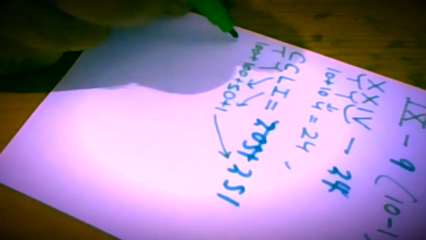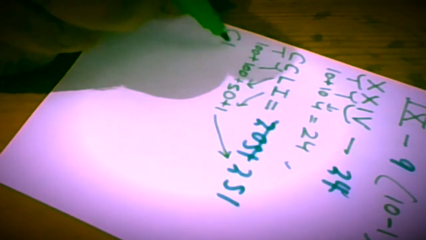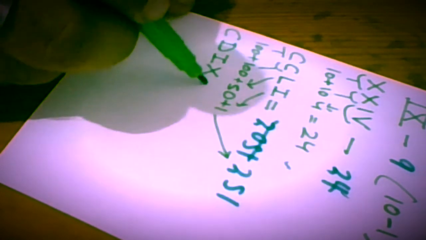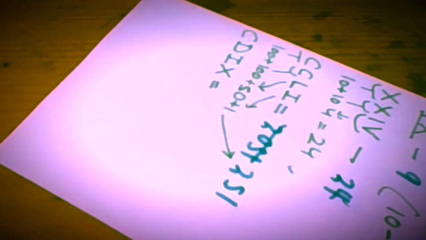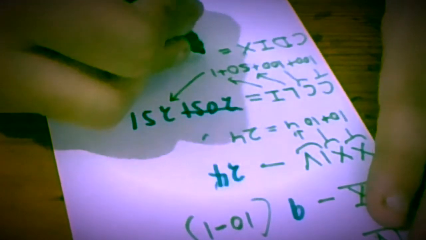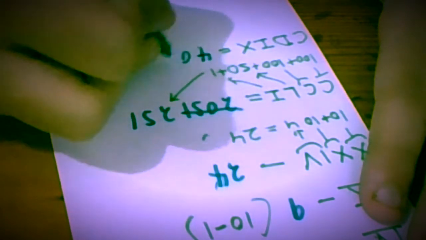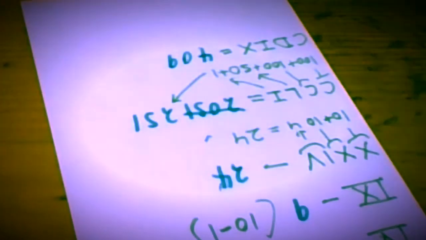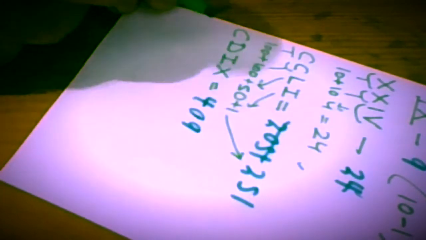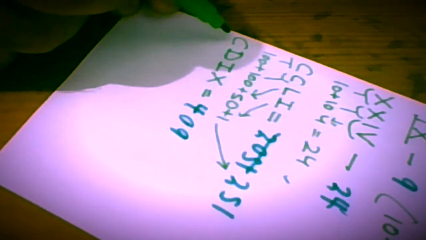Now another number which we are trying is CDIX. So first CD will come 400, then IX 9, so the answer will come 409. So how do we solve it? See, again, if we know the first rule, what was the first rule?